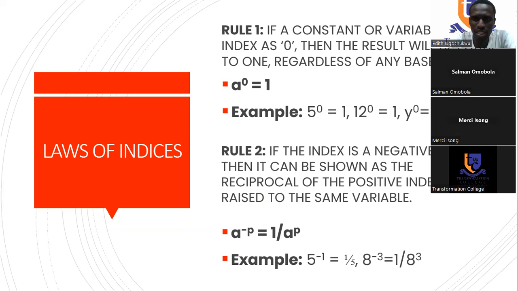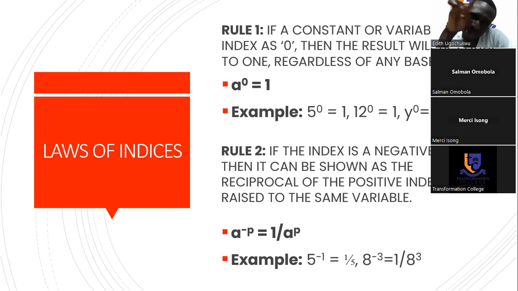Now, this is the negative power rule. It says a raised to power minus p is equal to, now, that power minus, the other way around is called reciprocal or inverse. So the inverse of power negative becomes 1 over.